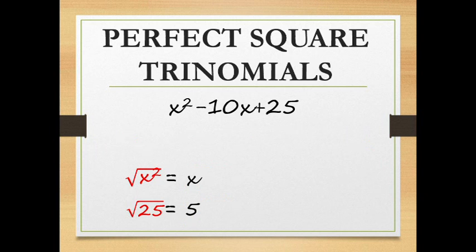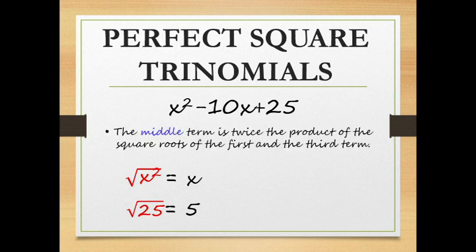Pumunta naman tayo sa pangalawang bagay para malaman na ang trinomial ay isang perfect square. The middle term is twice the product of the square roots of the first and the third term. Kanina, first and last term yung pinakilaman natin. Ngayon naman ay yung middle term, which is 10x. Sabi dyan, middle term is twice.